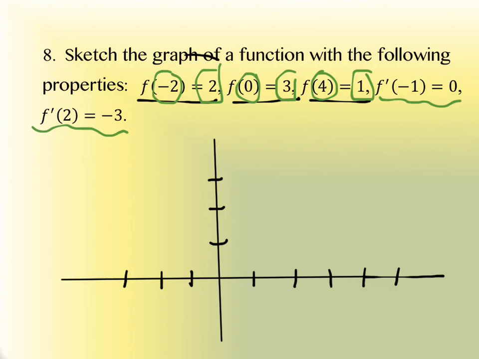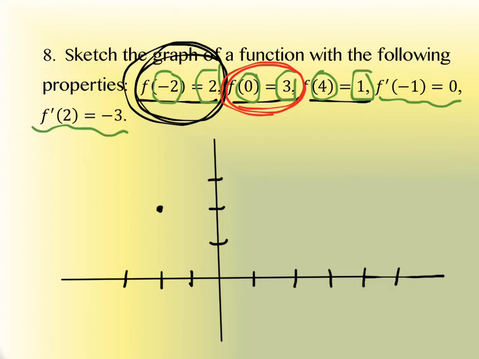What in the world does f of -2 equals 2 tell me? What does that mean? Yes, there is a point on the graph at (-2, 2), which is roughly here. Those ordered pair notations are the same as the notation that's given to you, just a different form. This notation says f of 0 equals 3, which means what?